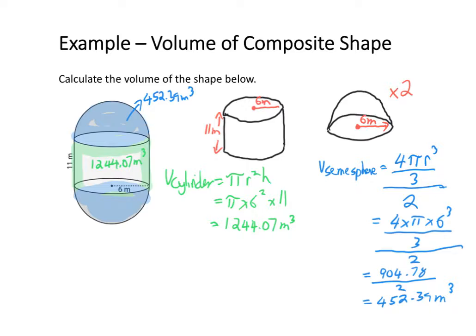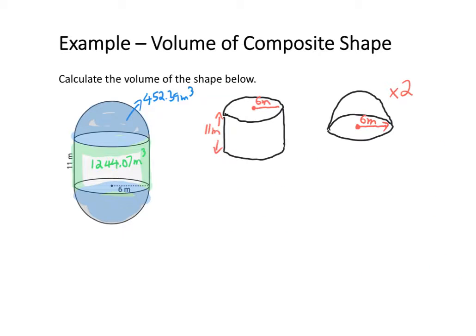Now that I've calculated my individual components, I can go ahead and calculate the total volume of that composite shape. So the total volume is equal to the volume of my cylinder plus 2 times the volume of my semi-sphere.